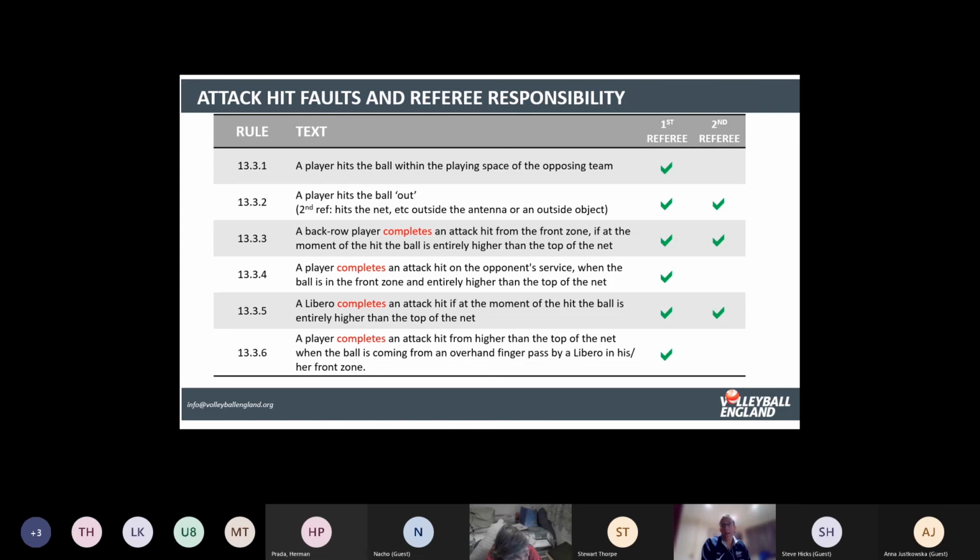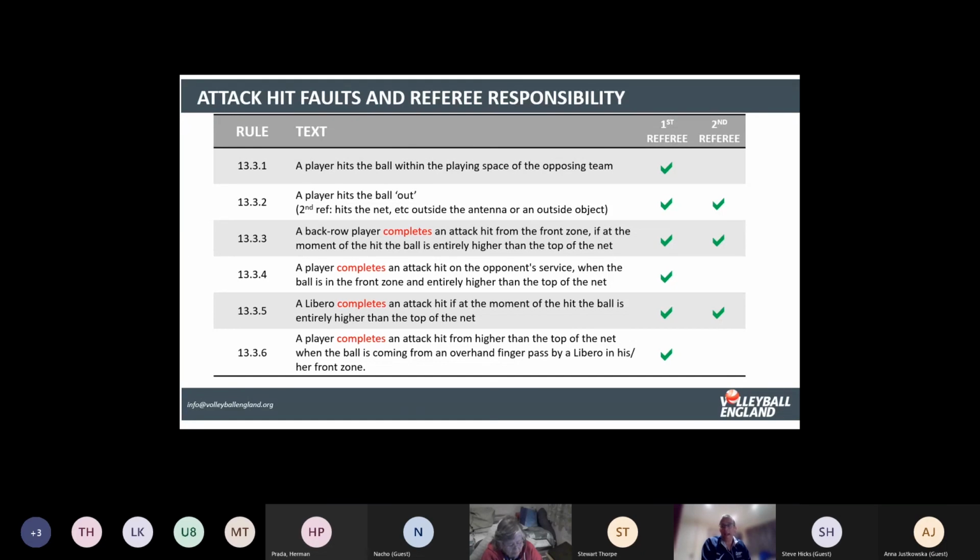Okay, and the reason for that is that most often the libero will be dealing with the first pass, and the second referee's responsibility is the net, not the libero or the reception of the first pass. As a second referee, your first and foremost responsibility is to watch the net and to continue watching the net until the playing action has ended at the net, including the landing and any penetration that may occur.